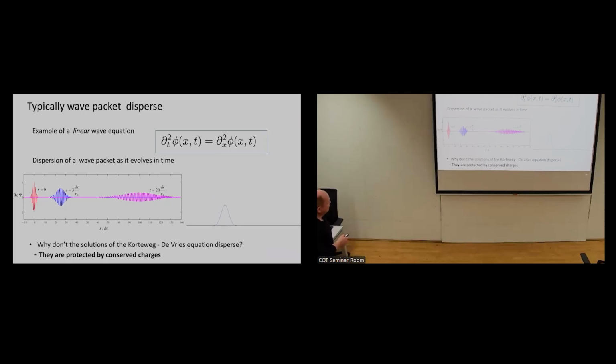Suppose I start with a wave packet, it evolves in time, it broadens out, as you can see here, and disappears. That is what you see in the water fountain. You drop a stone, waves would propagate and disperse, unlike what we saw in the Korteweg-de Vries equation.